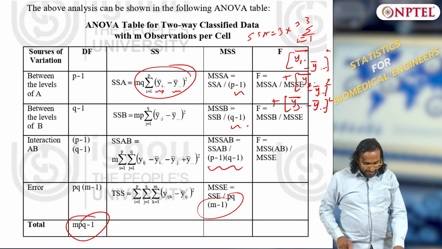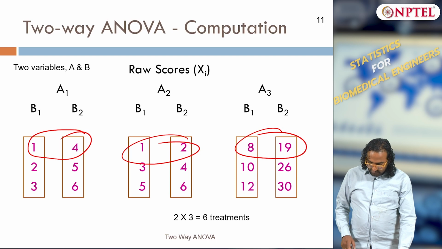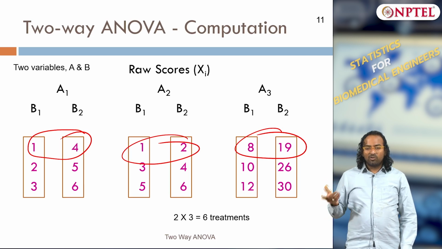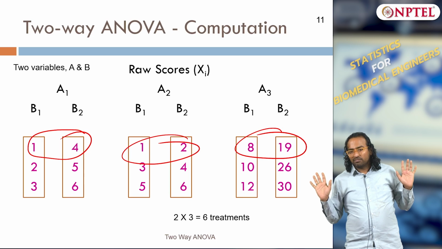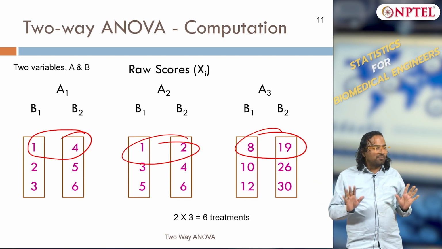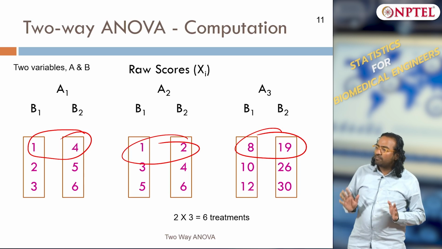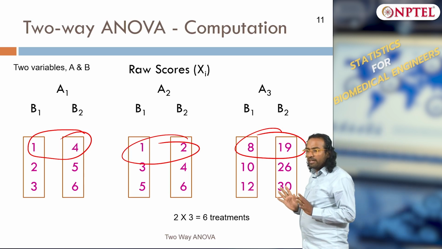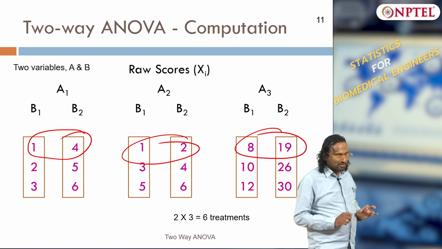Remember there are 3 rows in this data. 3 row sums you have to take, subtracted with the grand mean and take a squared. You do not need any simplification formula to remember, you can directly use the formula whatever we have derived. Clear? This is what sum squared A is, okay.